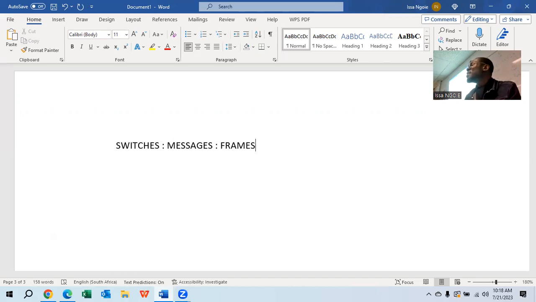As a specialist, when you are talking to technical people, you have to say switches use frames. But what is a frame? It's just a message, but a message that follows the switch's format. Messages from the switch are called frames.